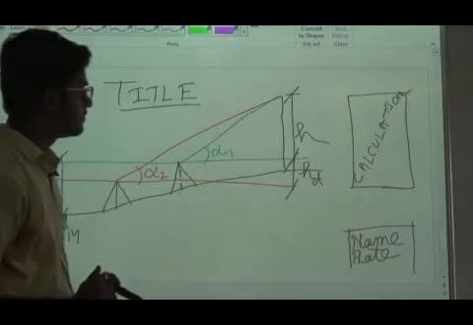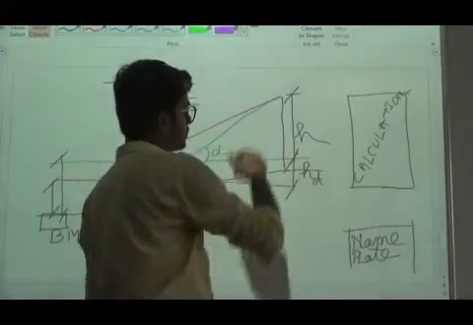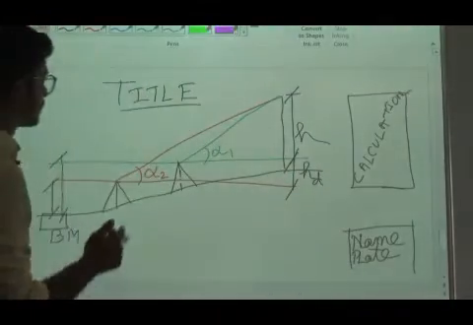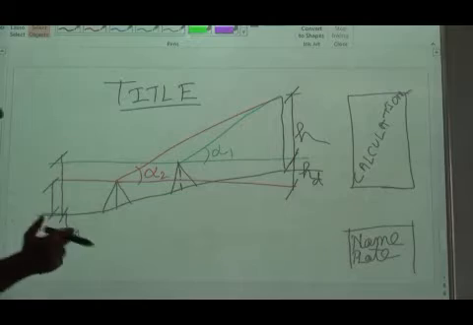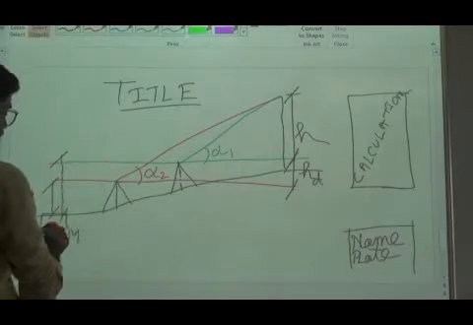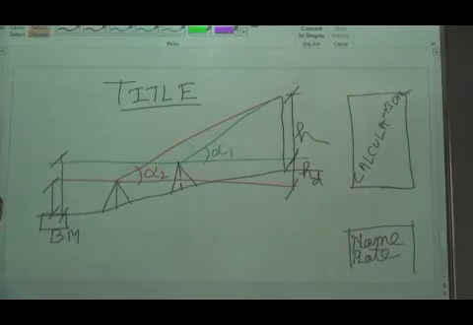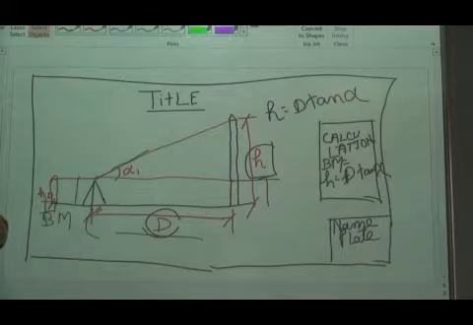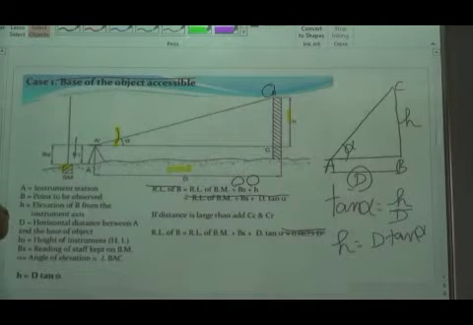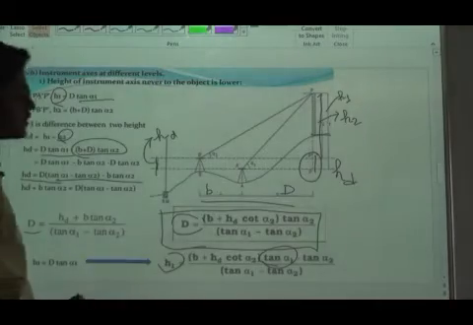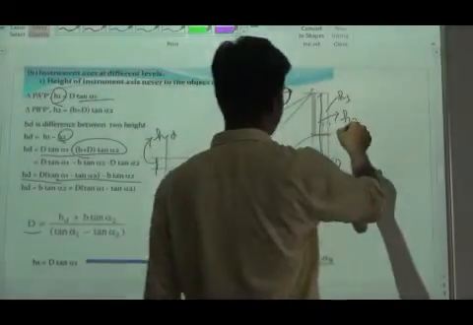In the case where the base of the object is inaccessible, the drawing sheet will look similar to this. As mentioned earlier in this slide, the calculation will be done like this only.